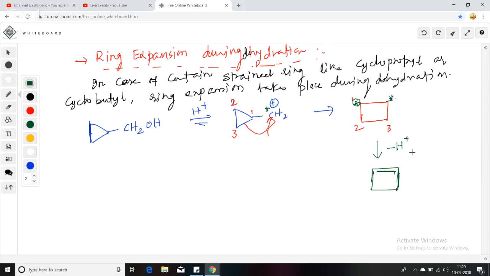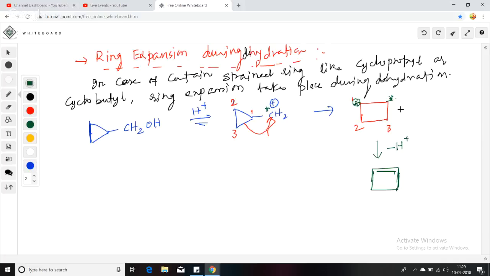So this is the answer we have. Any strained ring, if you have cyclopropyl, cyclobutyl, then ring expansion takes place to reduce the angular strain and gain stability. Okay, so this is it for the hydrolysis of this reaction.